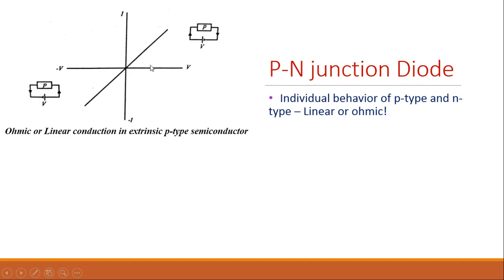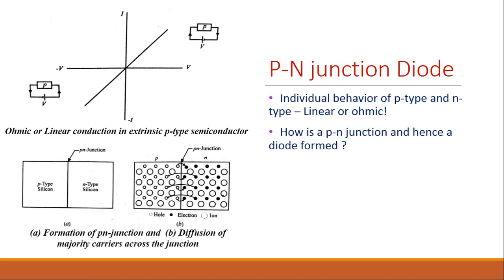When we increase the voltage, the current also rises linearly, and when the voltage is decreased, the current also decreases linearly. This is known as linear behavior or ohmic behavior. Any individual extrinsic semiconductor will behave linearly, and this is of no use because it is very similar to the behavior of a resistor. That is why a PN junction diode is formed, which is of more use.